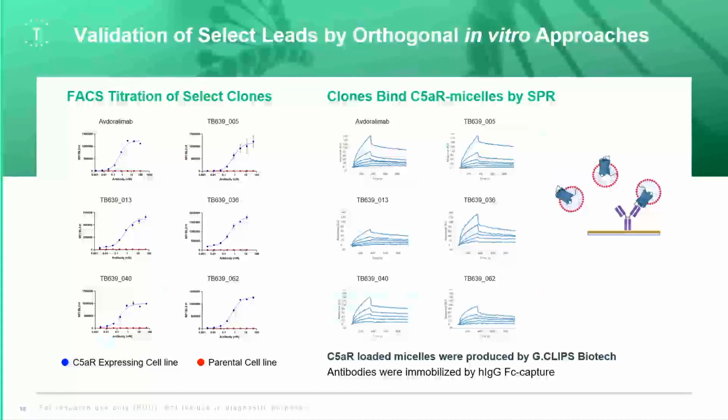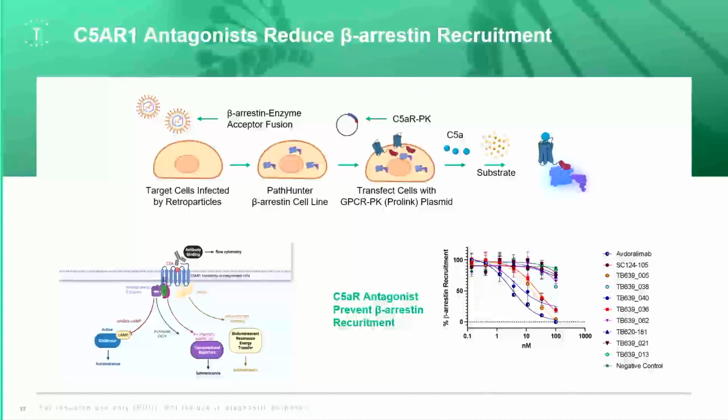But for this particular target, the most important assay was a functional assay, where we wanted to see which of our hits were best at reducing beta-arrestin recruitment. And we found a set of leads that were almost similar to our competitor antibody, avdoralimab. So they were great, but not quite to the same level of potency as the competitor.